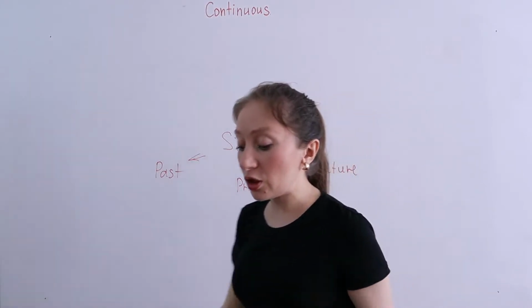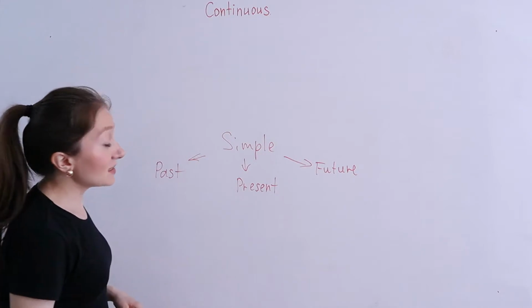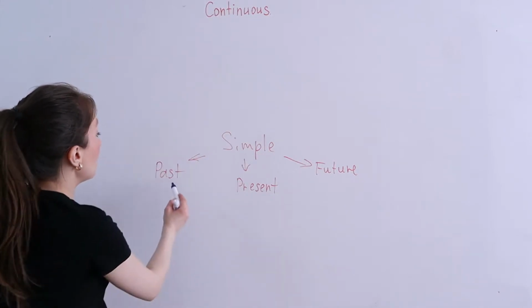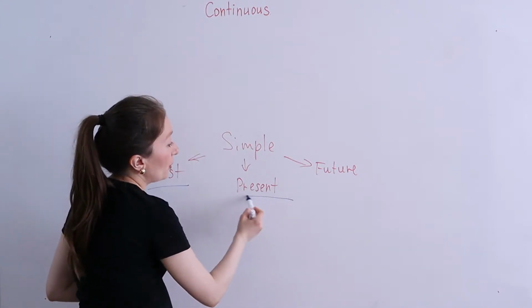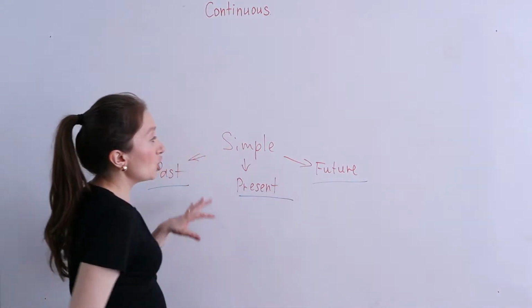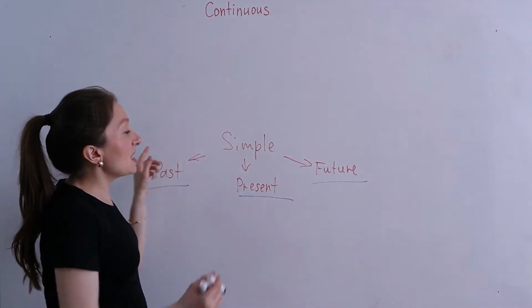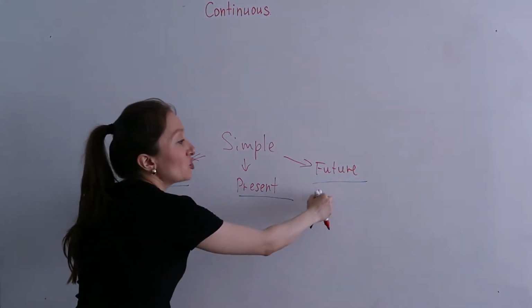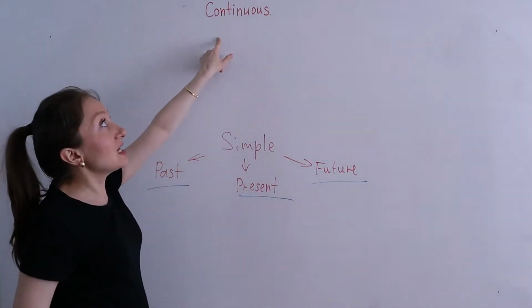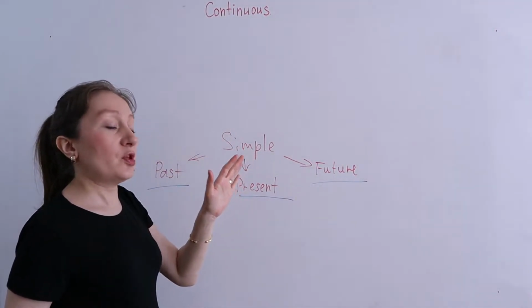We learned past simple, present simple and future simple. So one tense and 3 time zones. With continuous, it will be the same, right?